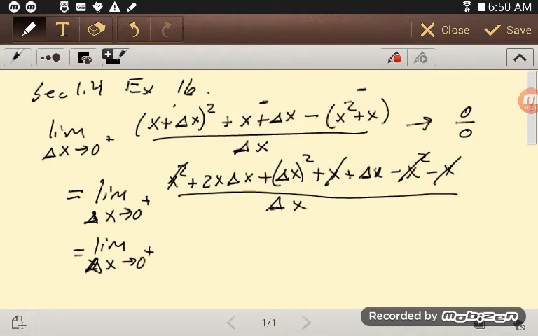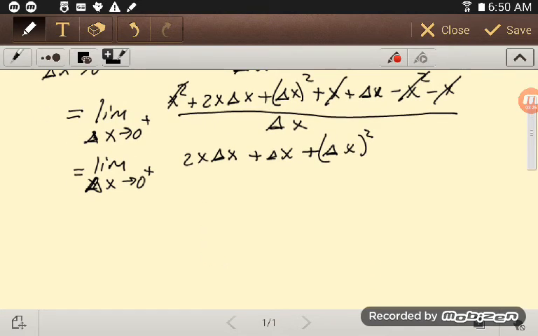So I have the 2x delta x term plus the delta x term, and then I'll put the plus delta x squared term last, and that's over delta x.